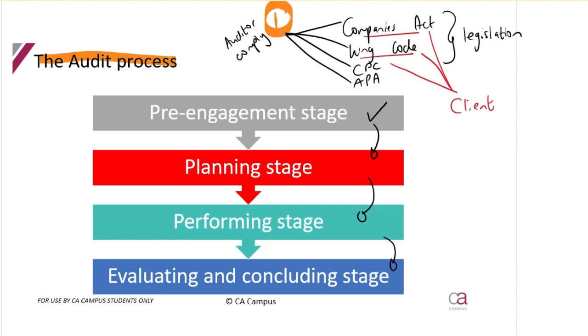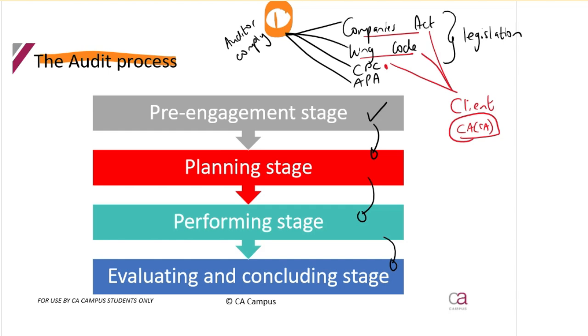The client, if they have any CAs, would have to adhere to the CPC, specifically the in-business part of the CPC. So, the legislation, Companies Act, King, CPC is applicable to the client as well.